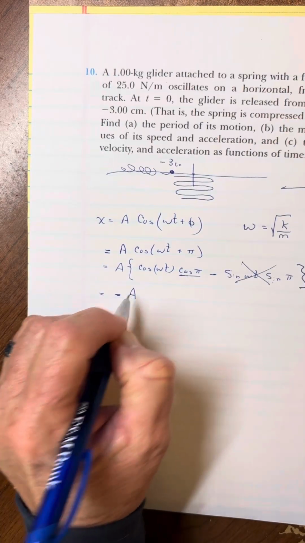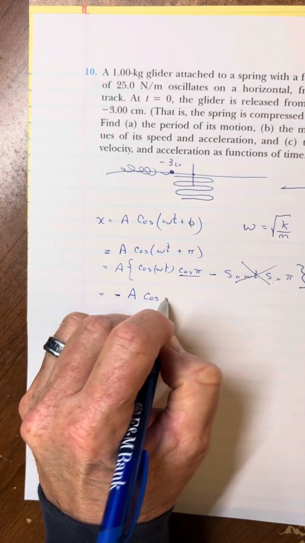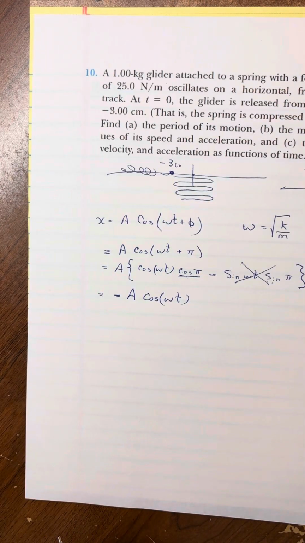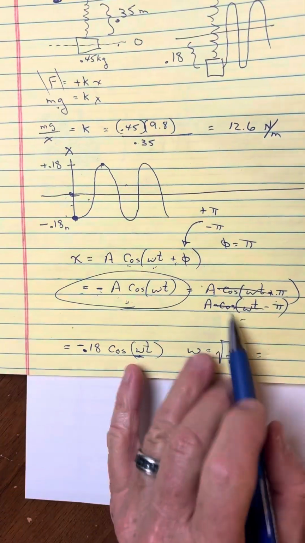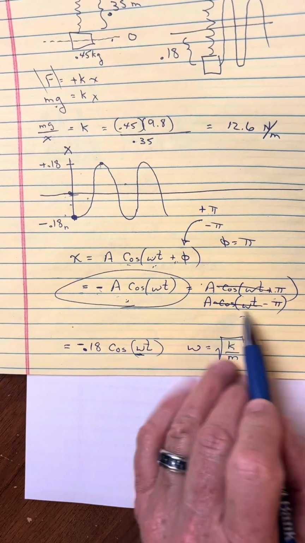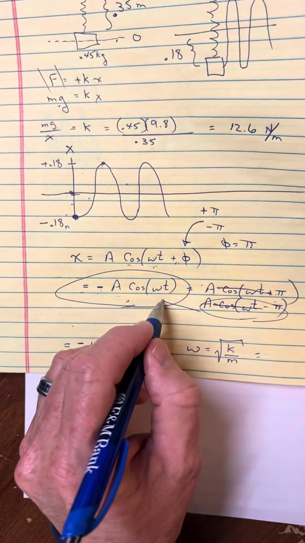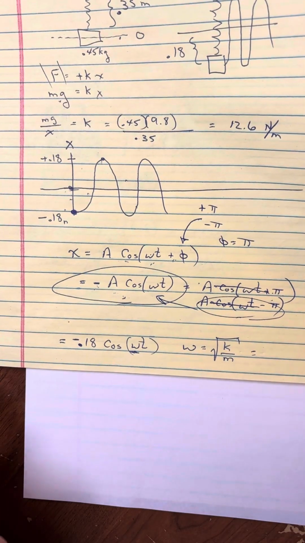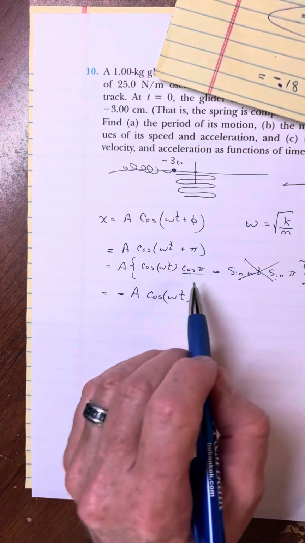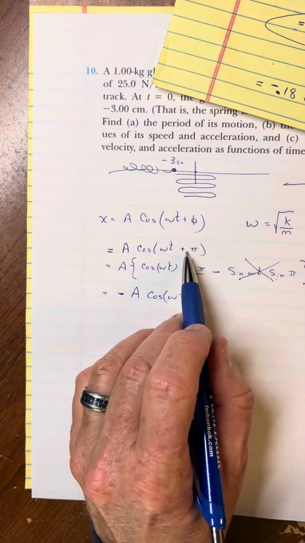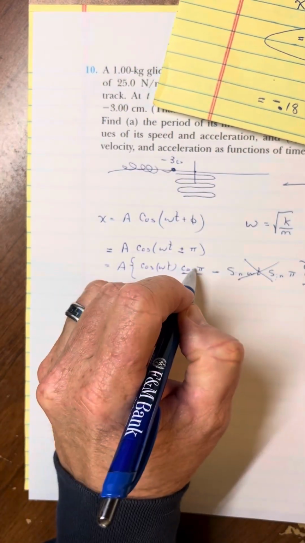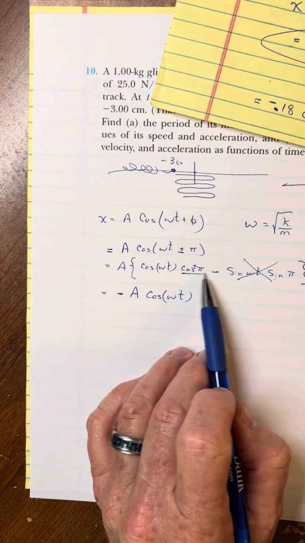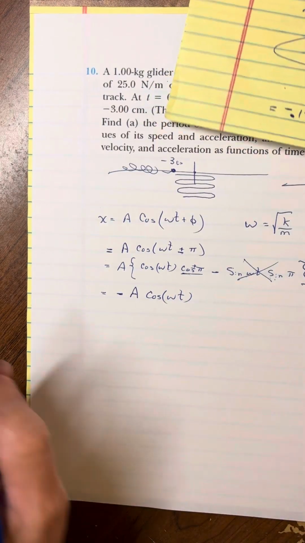And so we get negative A cosine omega t. And that would be the mathematical proof showing you how this function here is the same as that function. You can also see then why the plus or minus pi would work up here, because cosine of either a plus pi or a minus pi is still a negative 1.